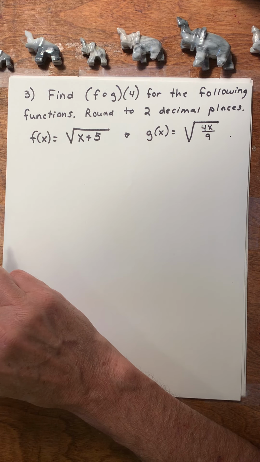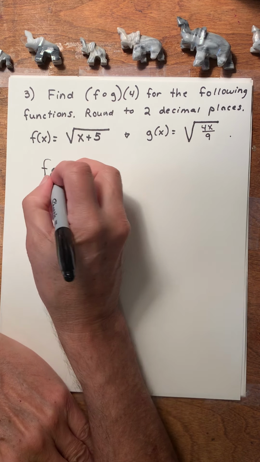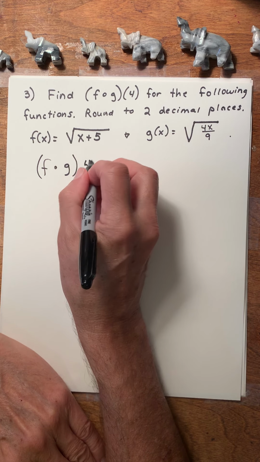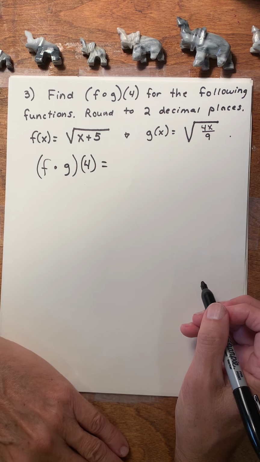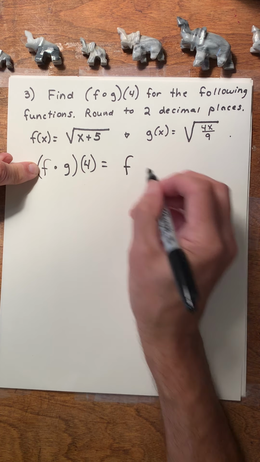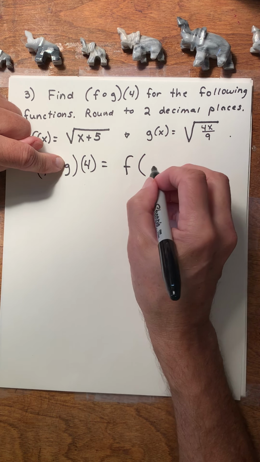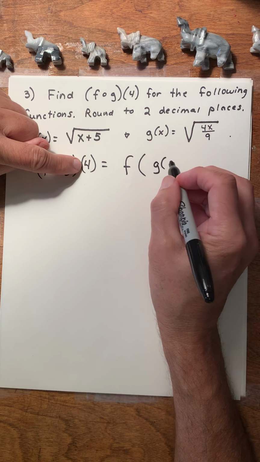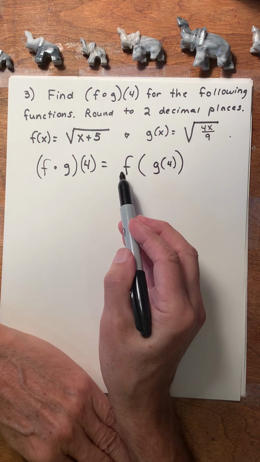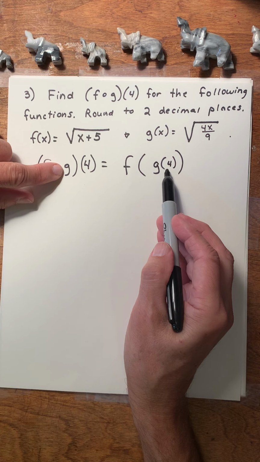And the composition of functions simply says this: if I have f of g of 4, what that means is the first function, whatever it is, evaluated at the second function evaluated at 4. So f of g of 4 simply means the first function, f, evaluated at g of 4.